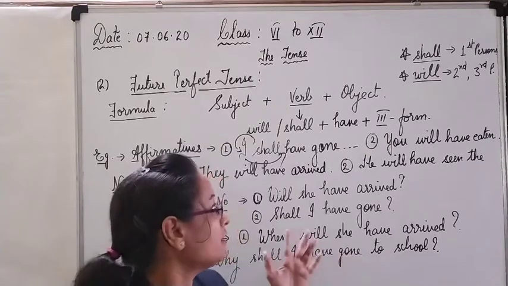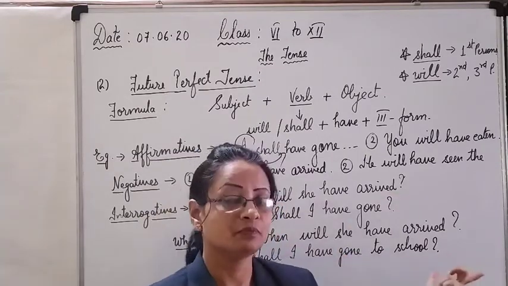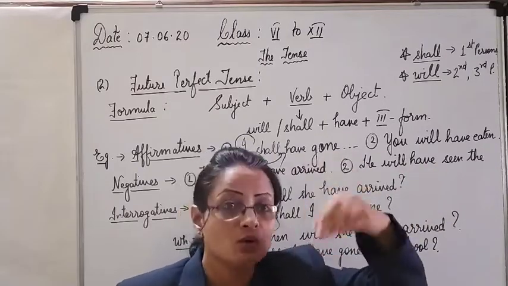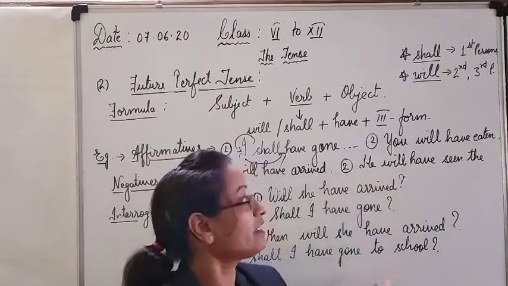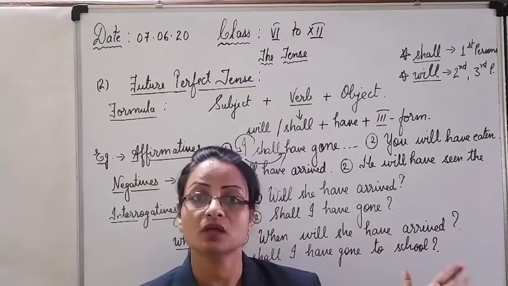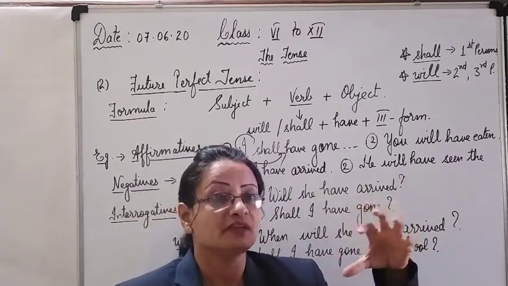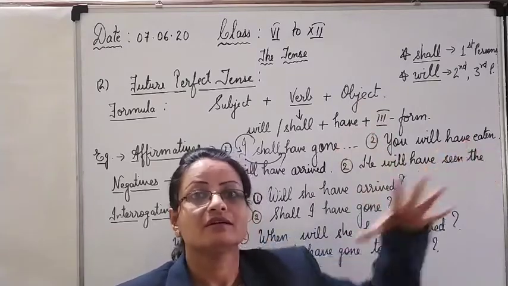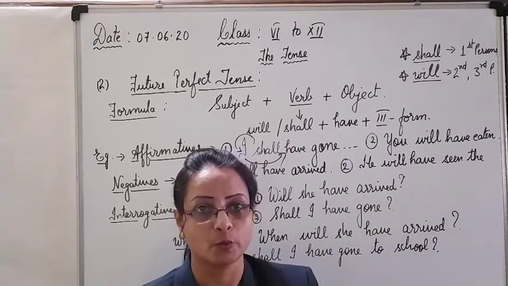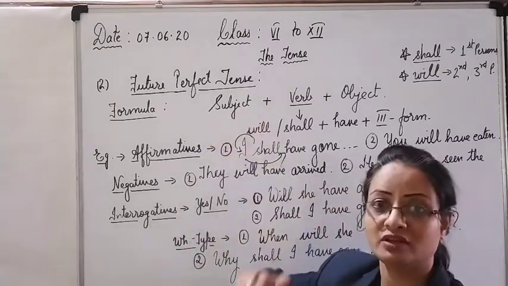And now future perfect means we are talking about some time in the future, about which I am talking to you now. By that time, these particular actions will be completed. We are using perfect for those actions which will be completed by a certain time in the future. So here finishes your future perfect tense.